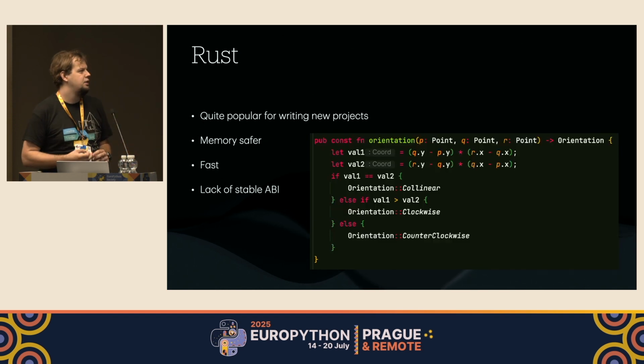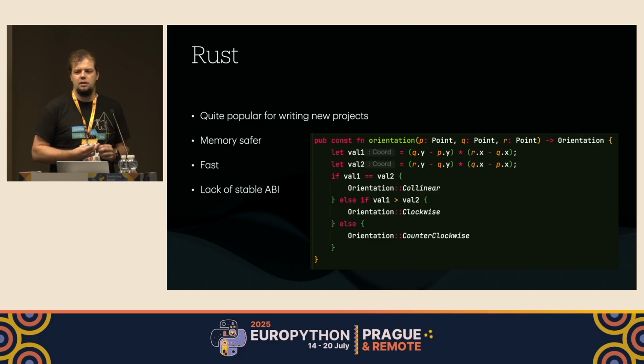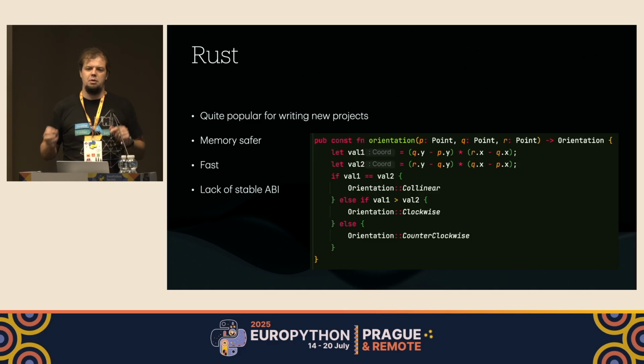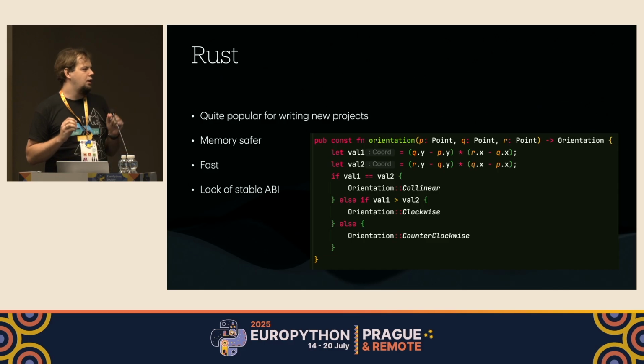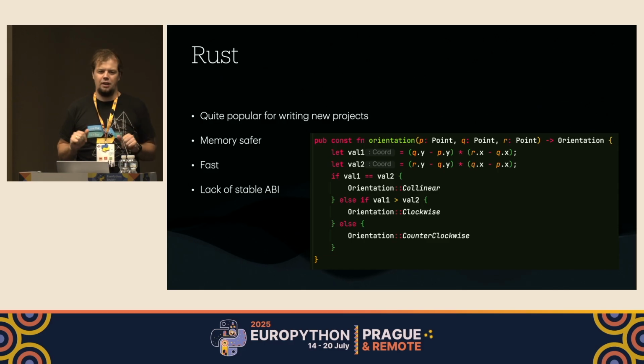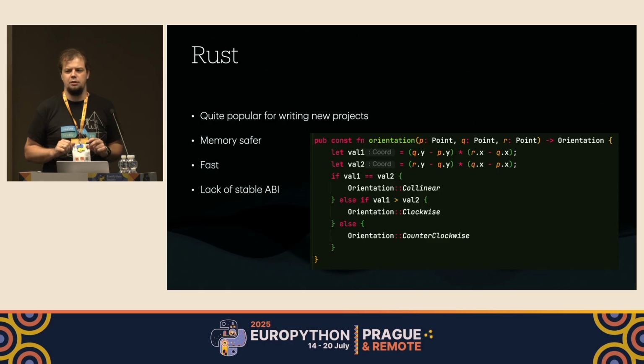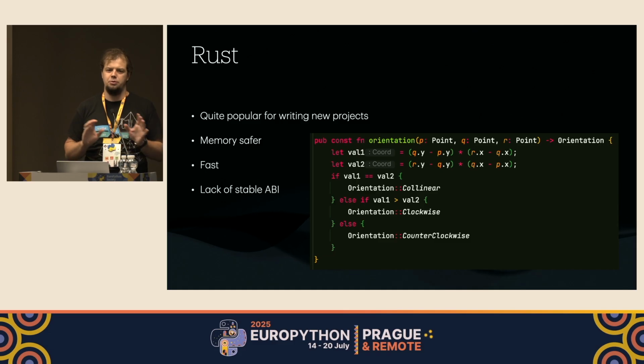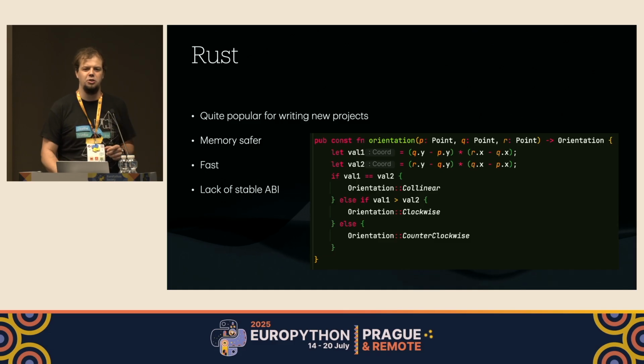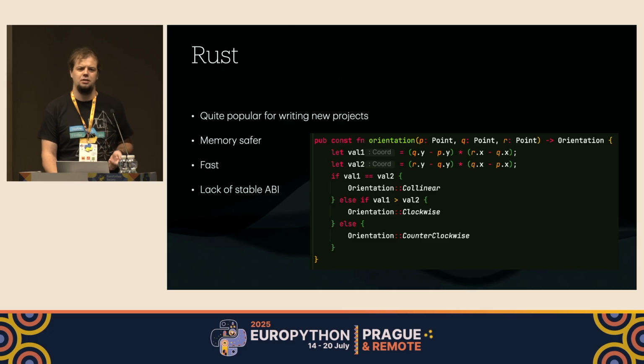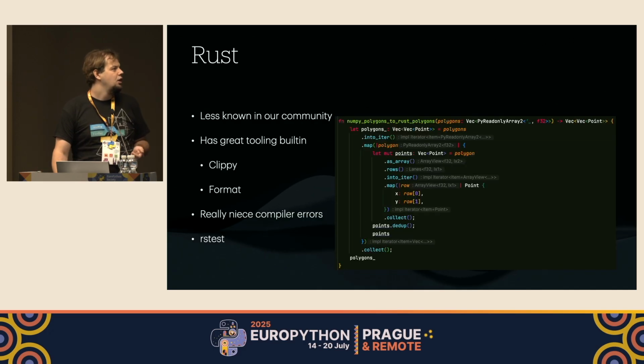Okay, Rust. We found that Rust is quite popular for new projects, and that it's memory safe. It is fast, and I agree it's fast, but it lacks a stable ABI. It's a problem if you would like to compile two things and have them communicate. They need to do this using the C API, so you have the whole C fragility.